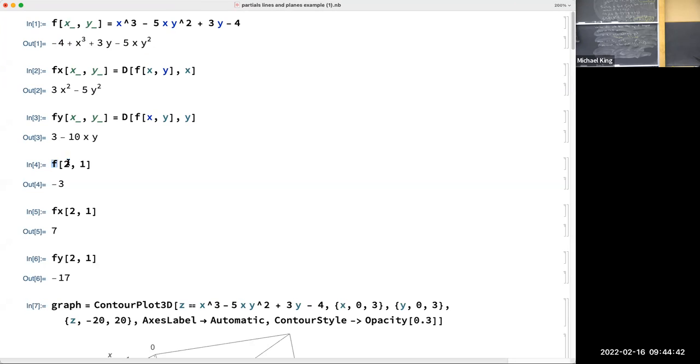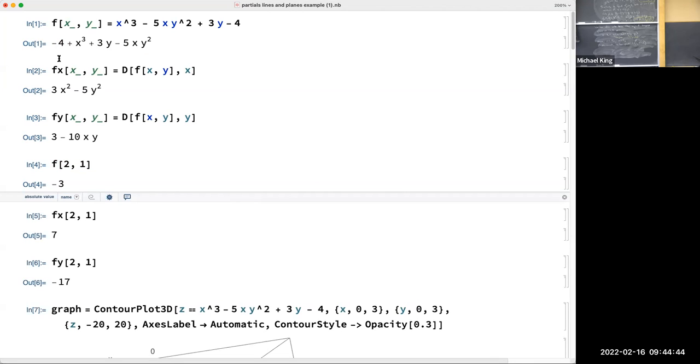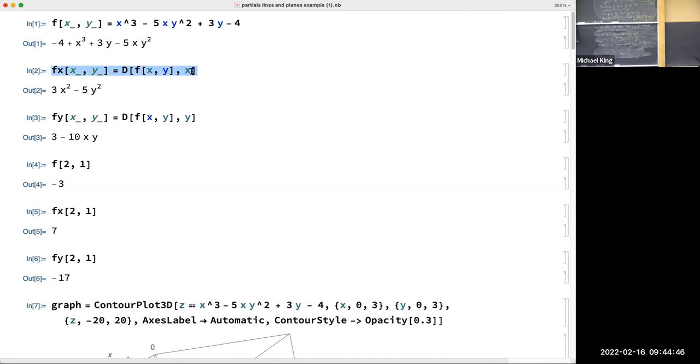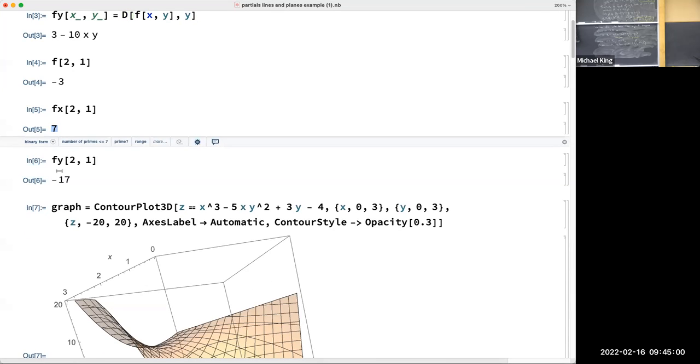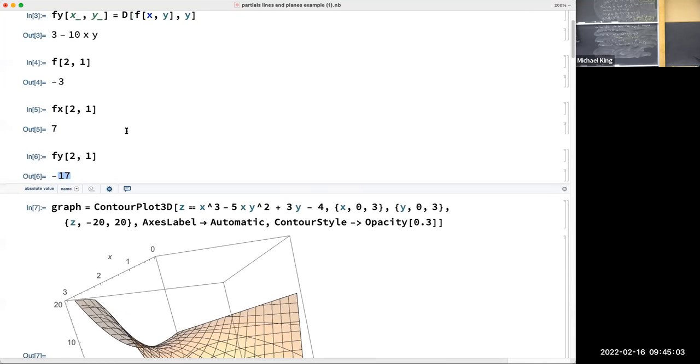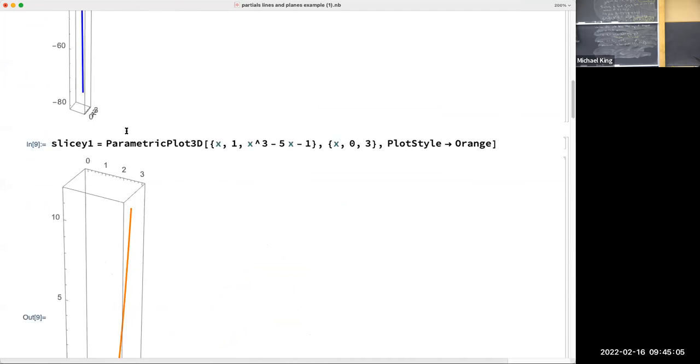And then I just did f of 2, 1, and it tells me -3. And you can also define partial x, the derivative with respect to x, and this is the derivative with respect to y. So we got these numbers 7 and -17. I just had it do the calculation for me.